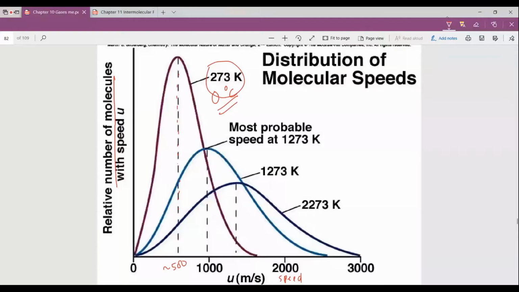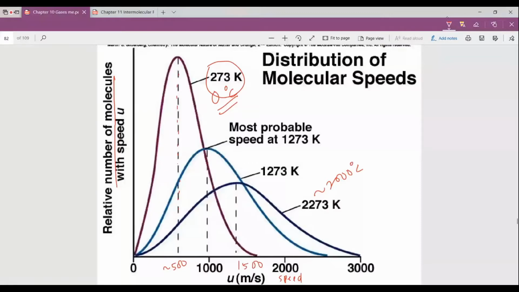And as we increase the temperature, let's say to around 2000 degrees Celsius or 2273 Kelvin, many molecules move at a speed of 1500 meters per second.